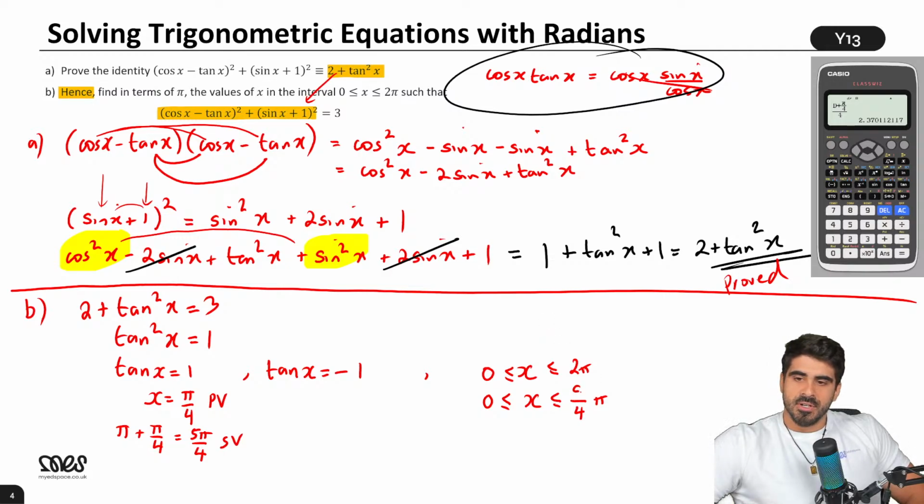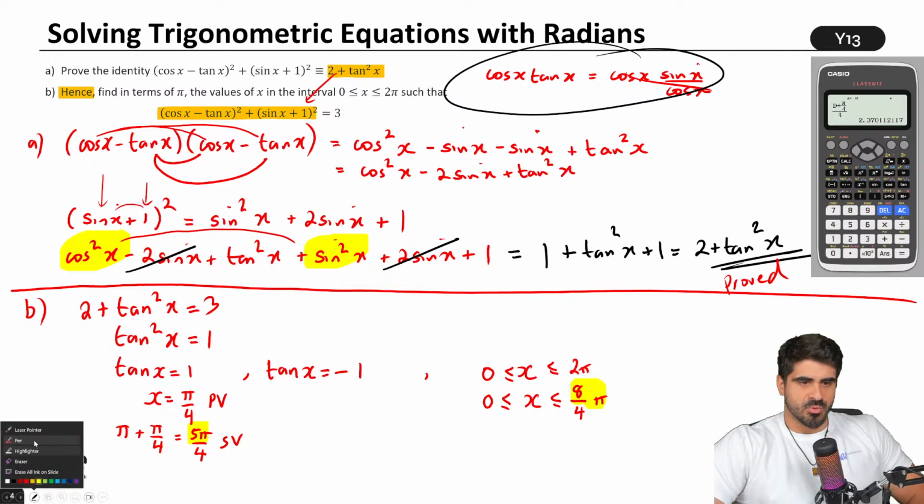Eight over 4, good. So 2 is 8 over 4. Now, from here, you can easily see that 5 pi over 4 is within the range, because 5 pi is less than 8 pi. It's much easier to compare than comparing 5 pi over 4 with 2. Always look out for stuff like that. So both of them are definitely in the range.